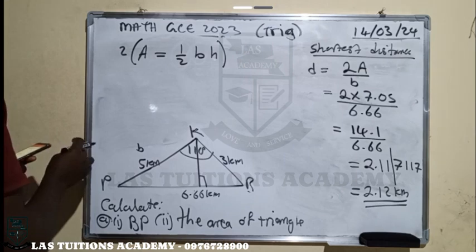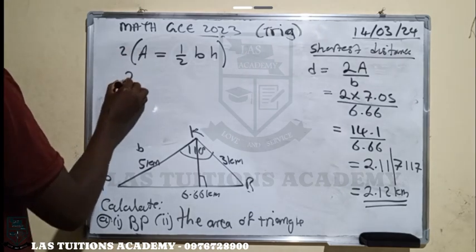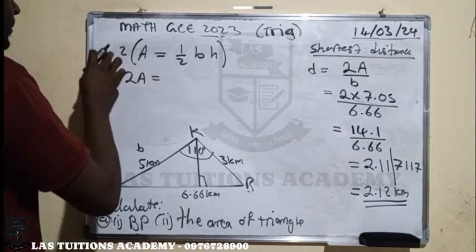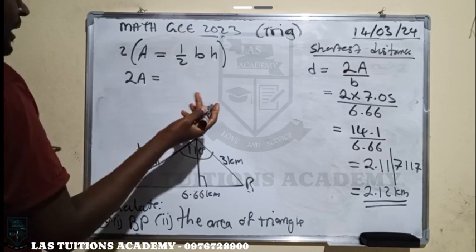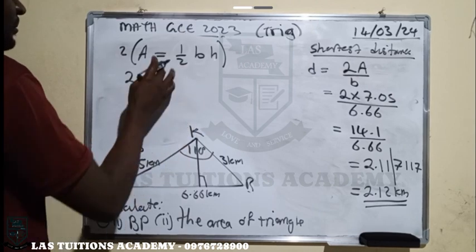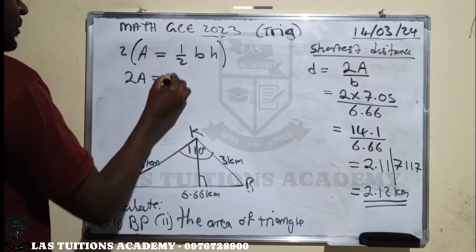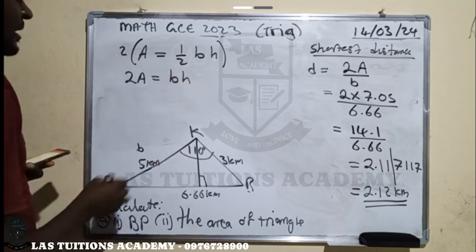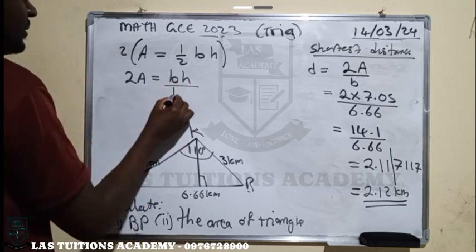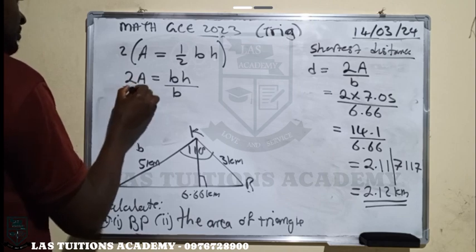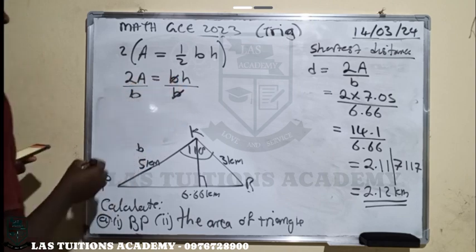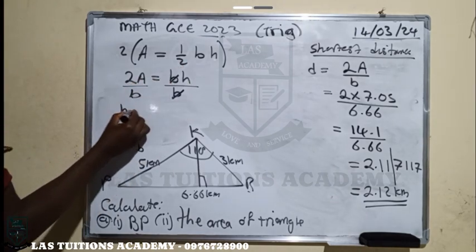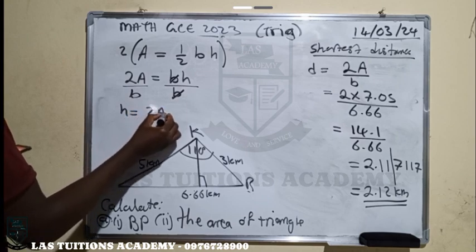So 2A is equal to 2 times half, which gives 1, so we remain with BH. Then to get rid of B, we divide both sides by B, and we remain with H is equal to 2A over B.